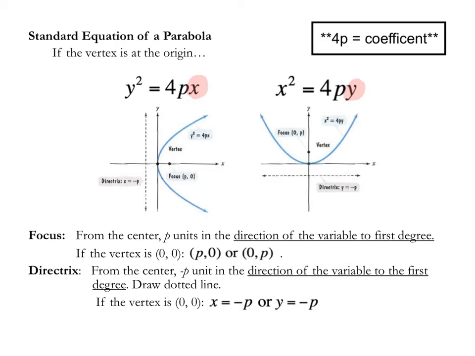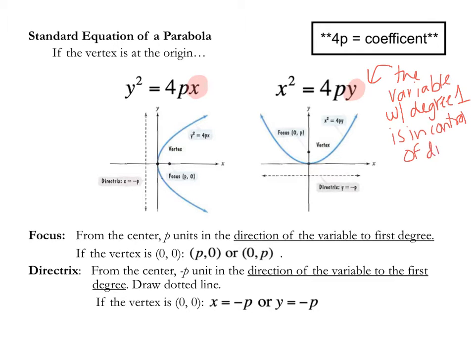That's going to tell you what's in control in the problem, meaning what direction it's going to face. So I'm going to write that out. The variable with degree 1 is in control of the direction it faces. So that's how you're going to know what direction it faces.